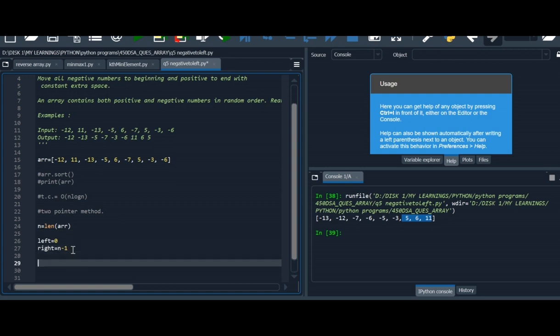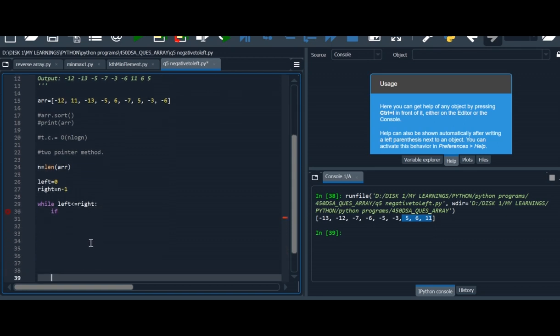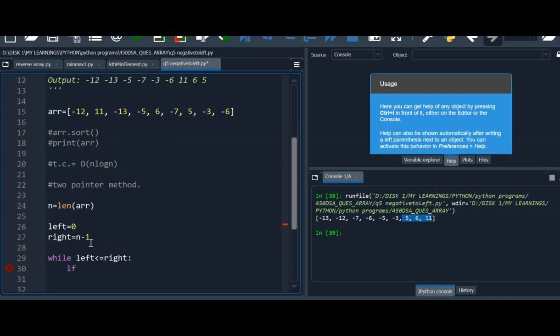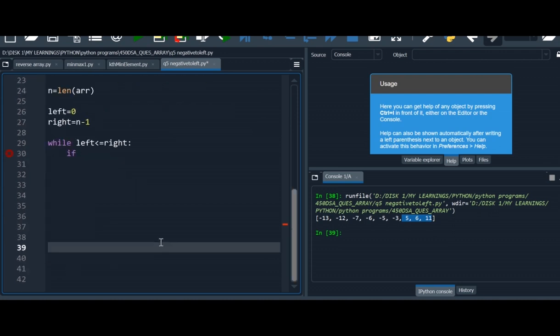Now we apply the while loop, as we know that the value of left should always be less than or equal to right. Let me zoom in a little for people if it is not clearly visible.